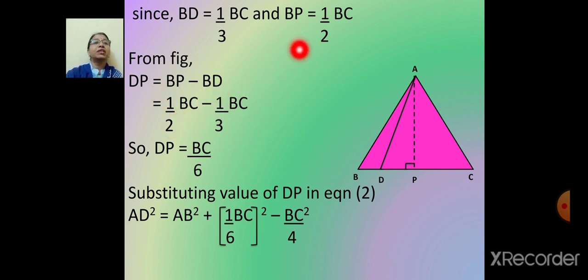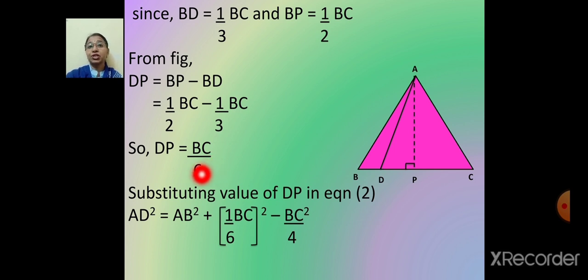Now BP is half of BC and BD is 1/3 of BC. Substitute here. Denominators are different, so take LCM. LCM is 6. Now cross multiply. So 3 BC minus 2 BC, 3 minus 2, 1 BC. So DP is equal to BC upon 6.